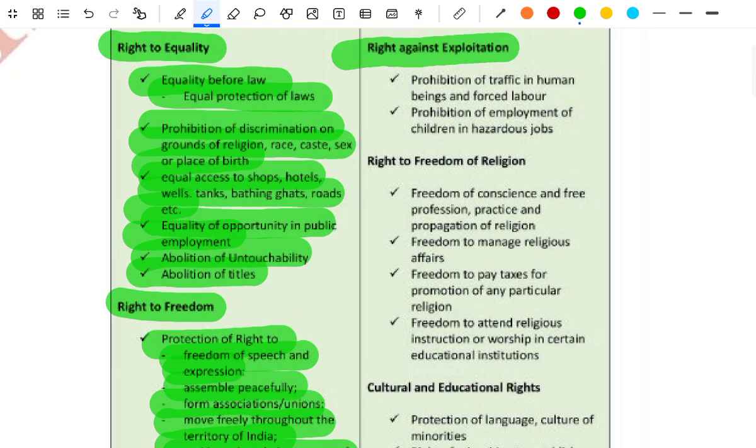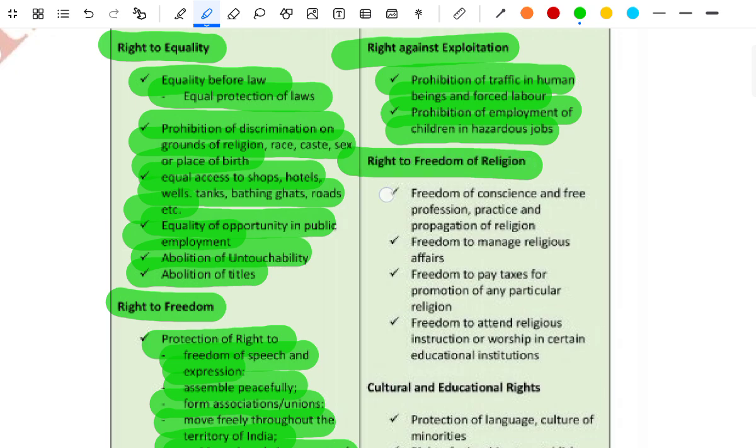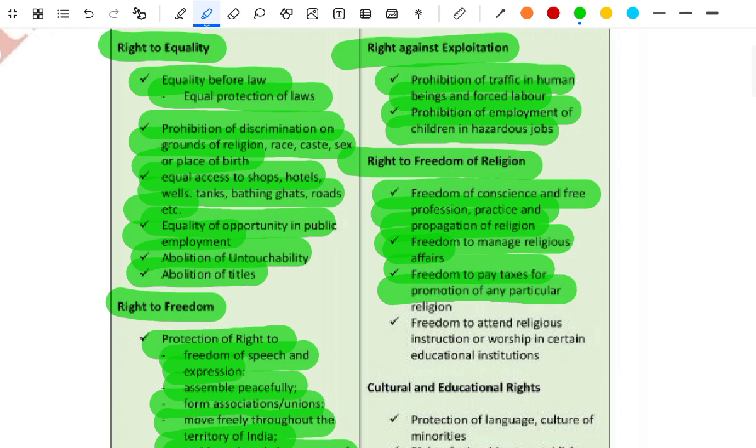Right against exploitation: prohibition of traffic in human beings and forced labor, prohibition of employment of children in hazardous jobs. A right to freedom of religion: freedom of conscience and free profession, practice and propagation of religion, freedom to manage religious affairs, freedom from paying tax for the promotion of any particular religion, freedom to attend religious instruction and worship in certain educational institutions.